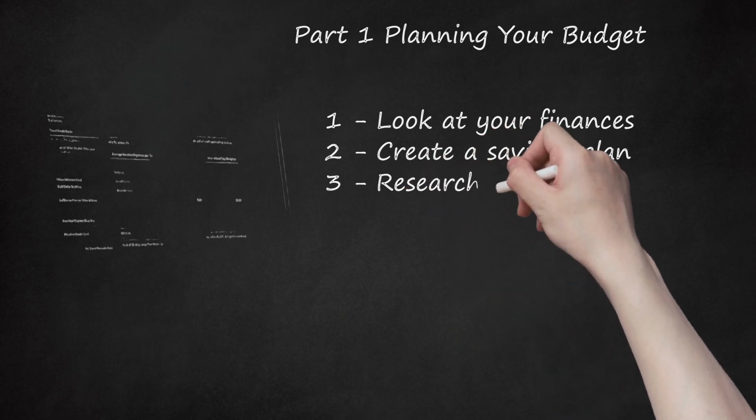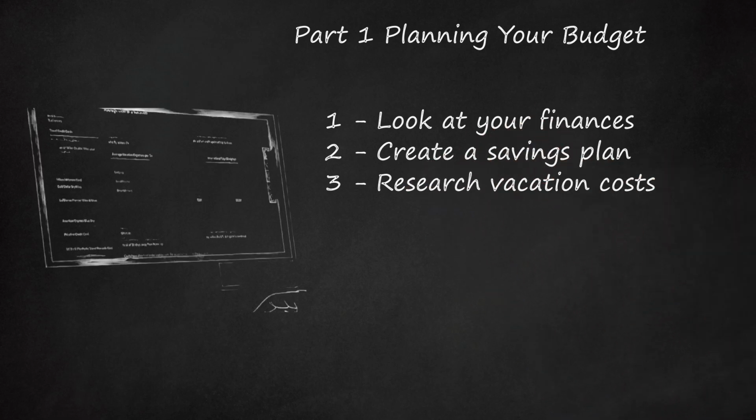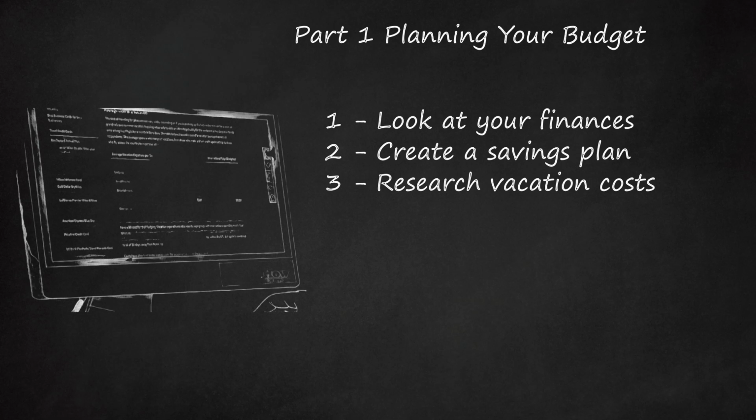3. Research vacation costs. Look into the costs associated with different vacations. You may find that it is cheaper to visit places at particular times of the year. You may find that particular destinations are cheaper from your home city. The cost of a vacation varies widely depending on whether you are enjoying a domestic vacation or an international trip.